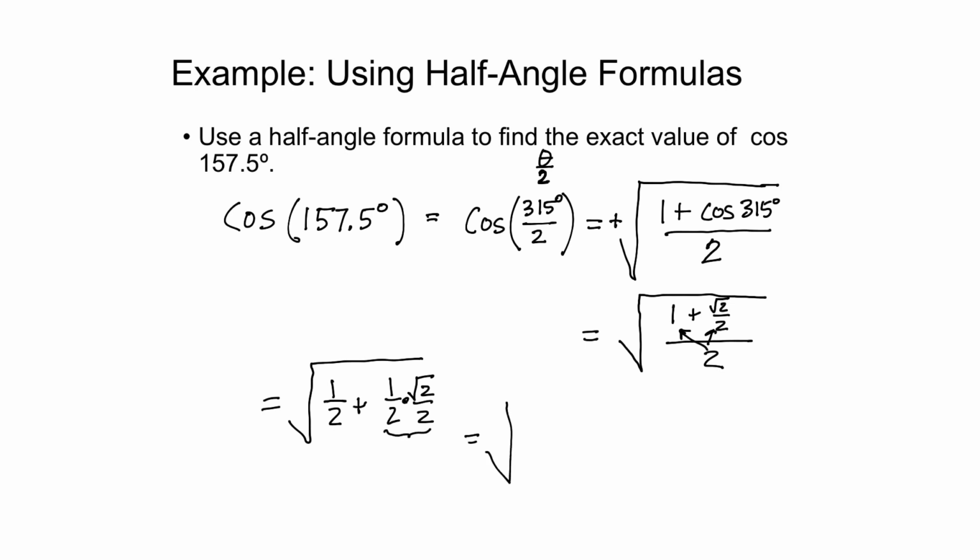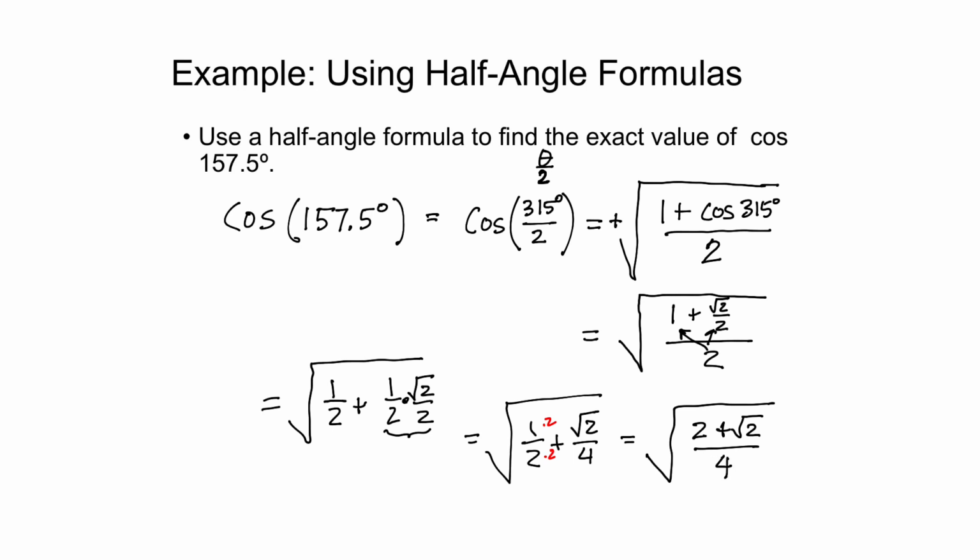That's the square root of 1/2 plus root of 2 over 4. And if we get a common denominator here, multiply the top and the bottom by 2. That gives me a common denominator of 4, so that's the square root of 2 plus root of 2 all over 4.